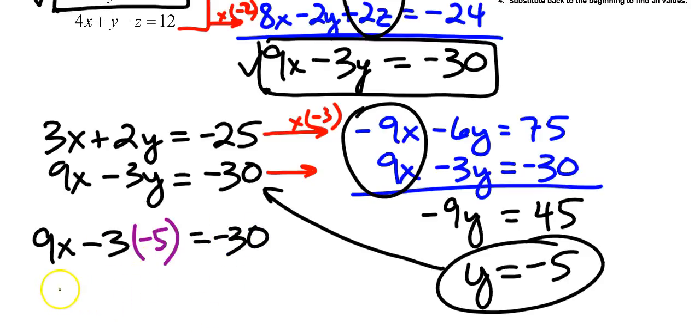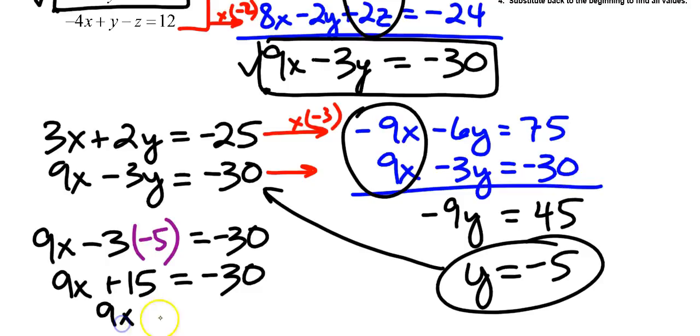Negative 3 and negative 5 make plus 15, so that's 9x plus 15 equals negative 30. If you subtract 15 from both sides, you're left with 9x equals negative 45. And again, that tells me that x is also equal to negative 5.